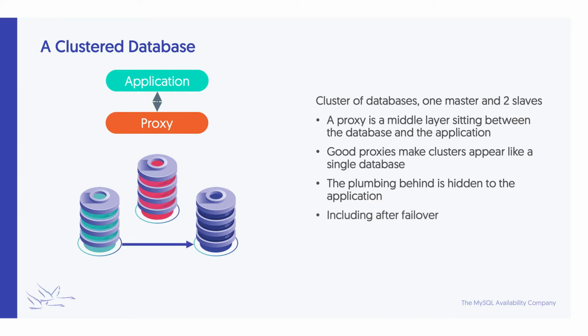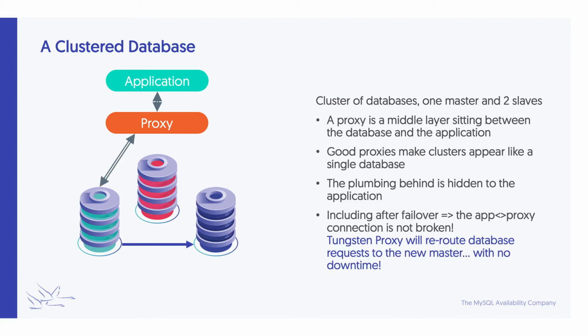In the event of failure of our master node, it's actually the proxy's job to reconfigure the link. The application will keep its connection to the proxy, and the new master connection will be automatically reconfigured by the proxy.